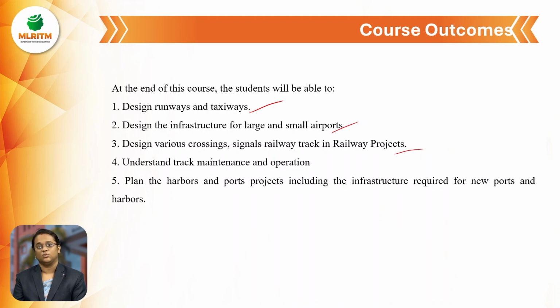That means when a railway track is being crossed with a road, what are the particular design requirements the designer has to go through with respect to railway crossings and roads. These can also be understood here. And also the track maintenance and operation, like interlocking systems, the student will be able to understand.